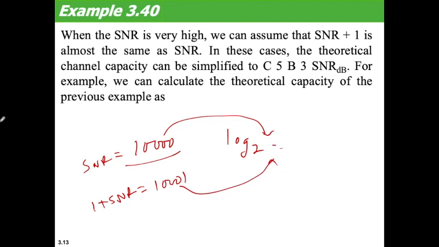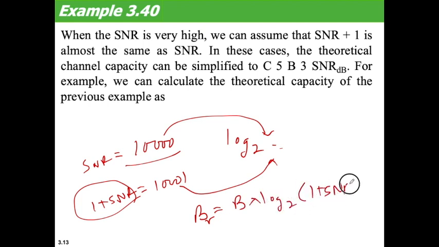So when the SNR is very high, you can ignore the 1 and simply write the bit rate as bandwidth times log 2 SNR, instead of bandwidth times log 2 base (1 plus SNR). Okay, this is only when the signal to noise ratio is very high.